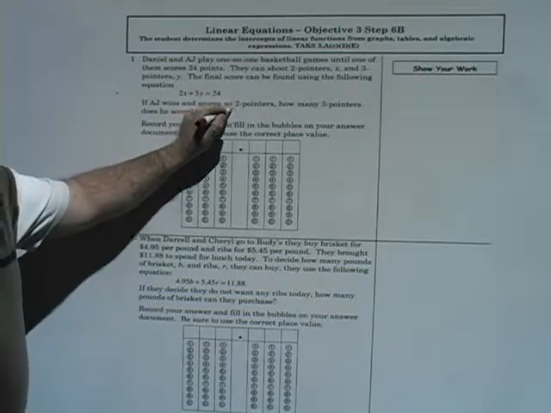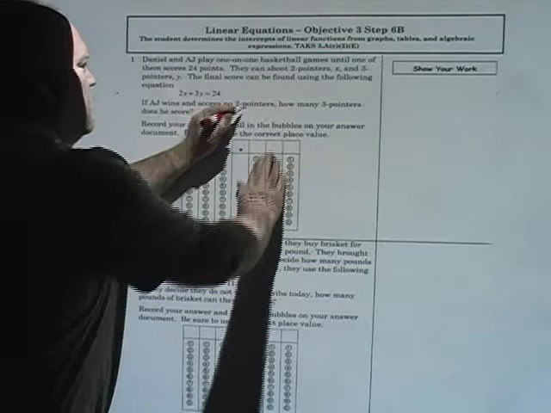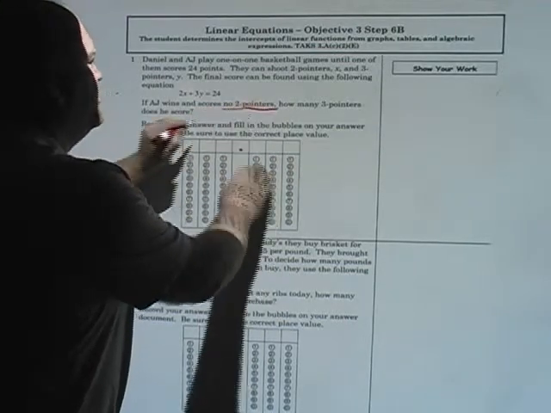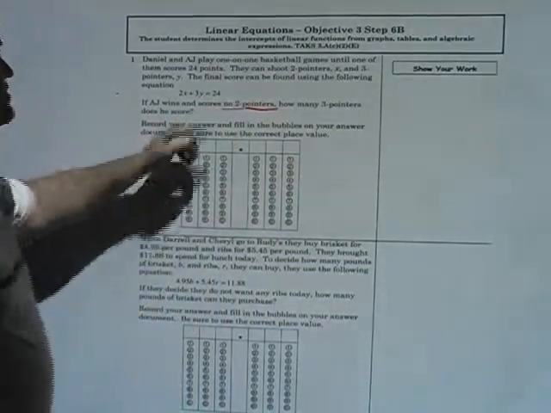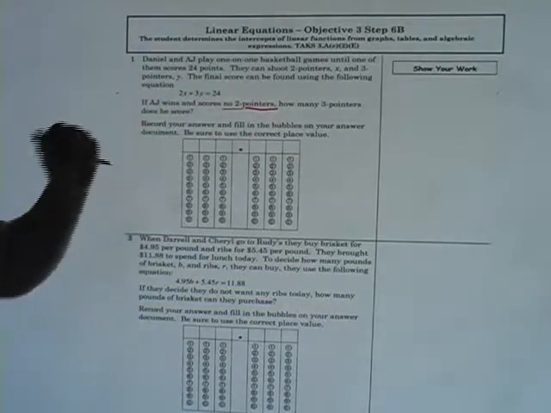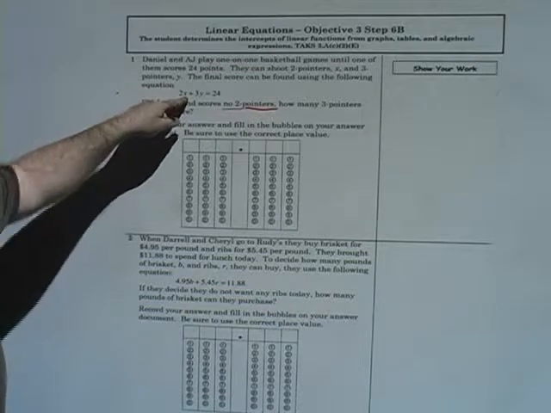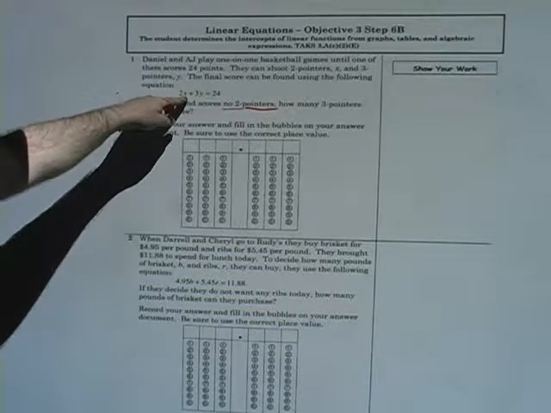How many 3-pointers does he score? Well, if he scores no 2-pointers, let's take that and put it where it goes in the equation. If there's no 2-pointers, that just means x is 0.